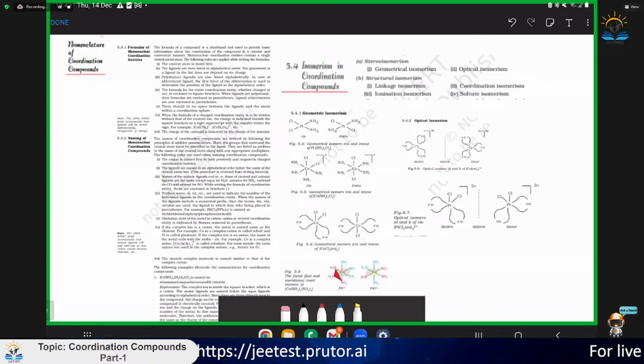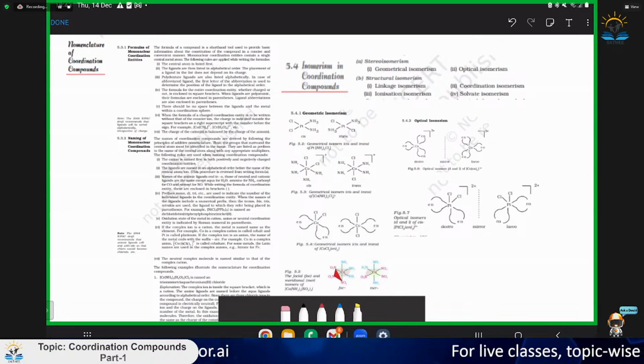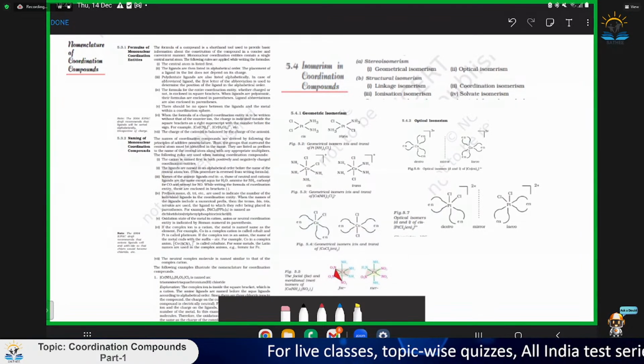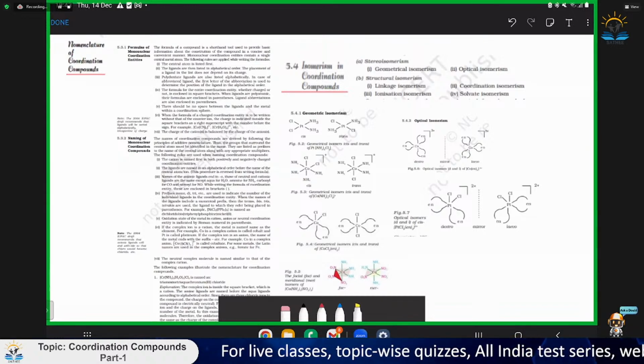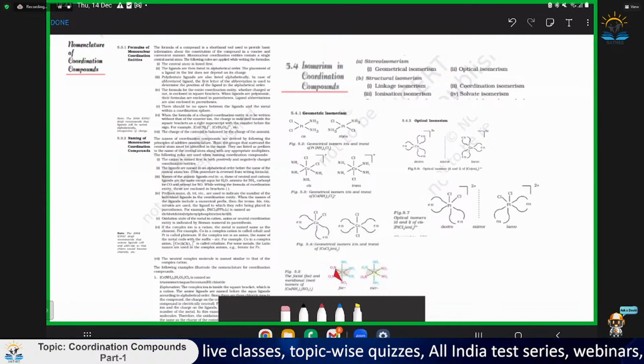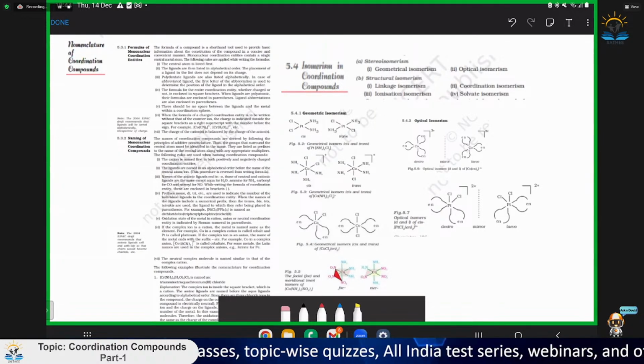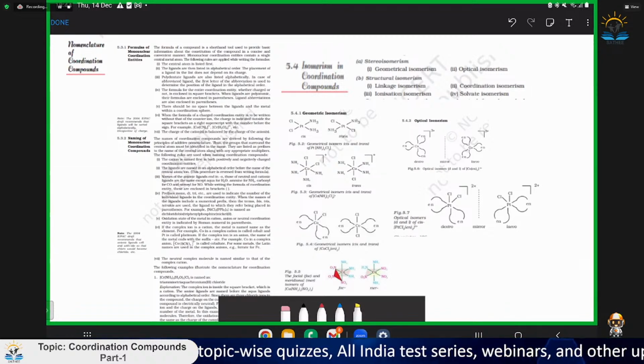The charge of cations is balanced by the charge of anions. That's one thing. Now the actual naming of the compounds. The cation is named first in both positively and negatively charged coordination entities.